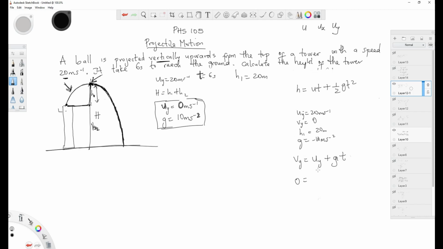V is 0, u is 20 plus minus 10t. Then that's minus 20 equals minus 10t. Minus t then should be 2 seconds. So we've gotten t from the first half of the equation to be 2 seconds.